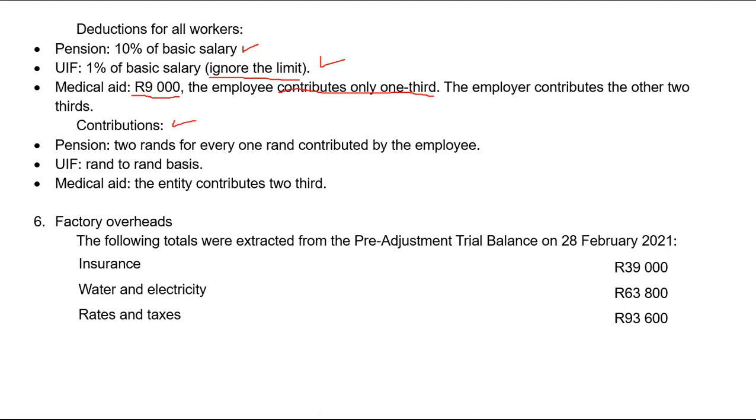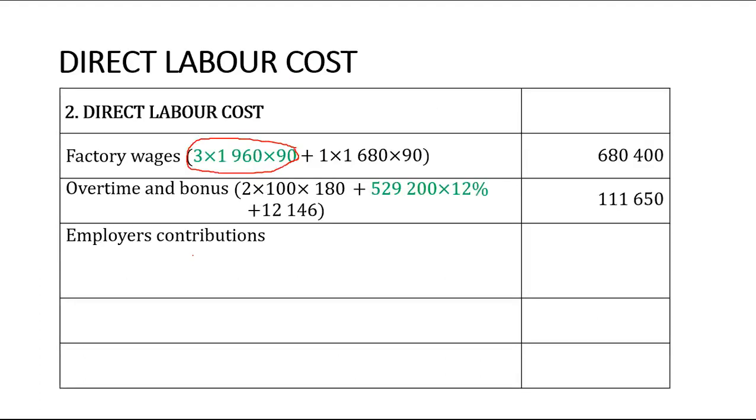For pension, we contribute 2 rands for every 1 rand contributed by the employee. So I'm going to go to everyone because they're talking about everyone here, all right? UIF is on a rand-to-rand basis. For medical aid, the entity contributes 2/3. Interesting. I will start with the factory workers, and with the factory workers, I will calculate 10% of their basic salary and add that as part of my contribution.